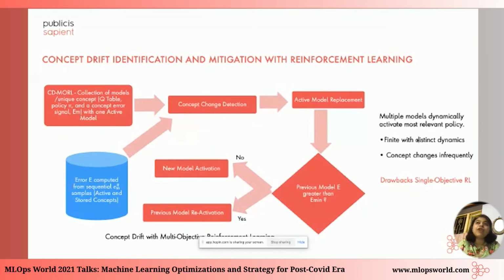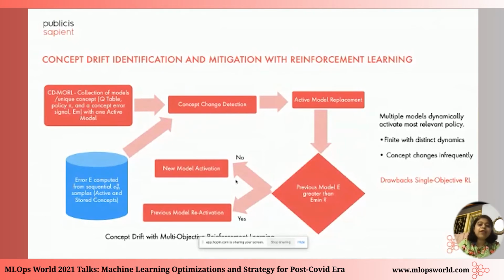We constantly try to measure that error signal with each of the models. On comparison, when we suspect a change point, we actively replace the model based on the threshold of the error. So if the previous model has an error value greater than E_mean, the threshold value, then we do the previous model reactivation.